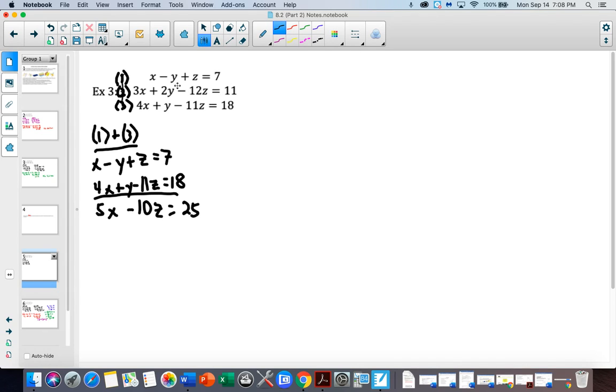So let's try to eliminate the y's from another pair of equations. Let's see if we do 2 times the first equation plus the second equation, the y's would cancel. So I'm going to do 2 times equation 1 plus equation 2. And I'm going to go ahead and multiply 2 times the first equation as I write it down. So 2x minus 2y plus 2z equals 14.